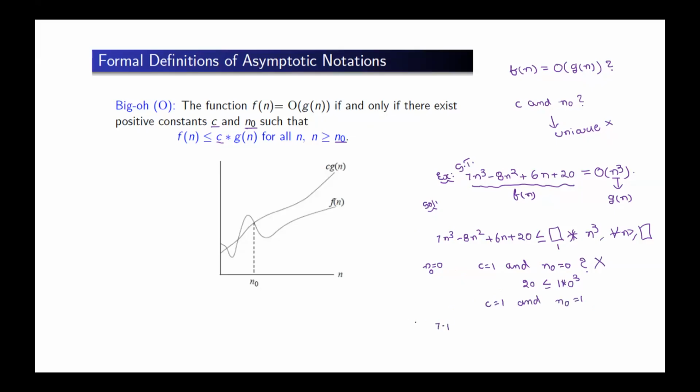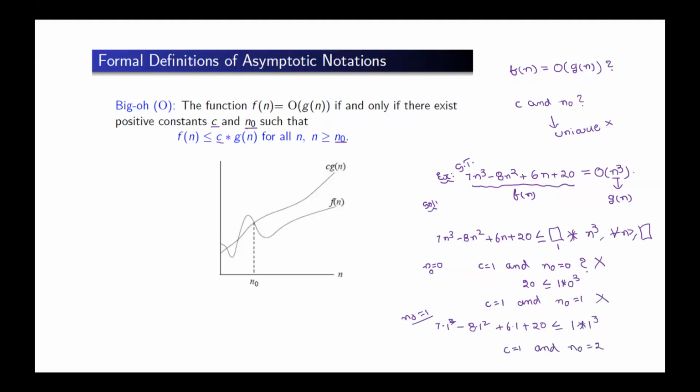If we take n naught equal to 1, what happens here? 7 into 1 cube minus 8 into 1 square plus 6 into 1 plus 20 is less than or equal to 1 into 1 cube. Is this correct? No. Now c equal to 1 and n naught equal to 2.